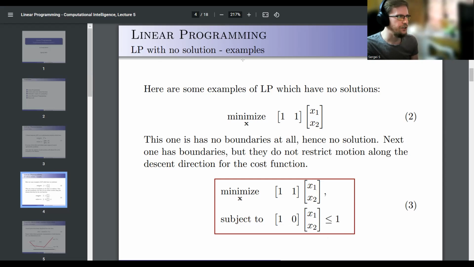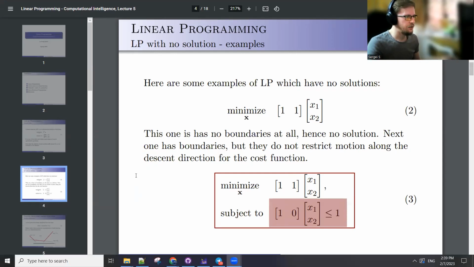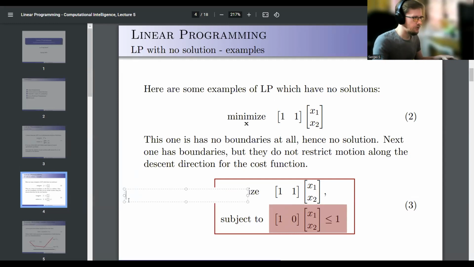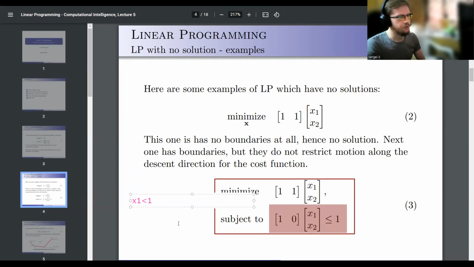So this boundary here, let's study it. What it says is that x1 is less than 1. Well, we decrease in the direction minus 1, minus 1.